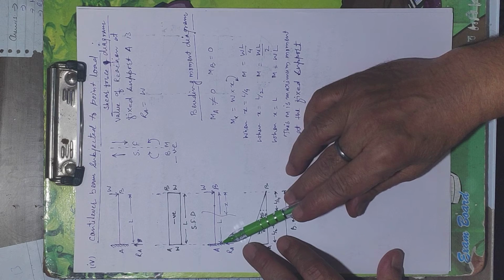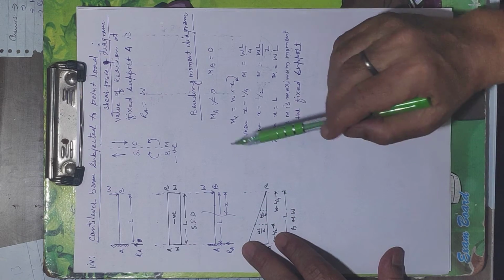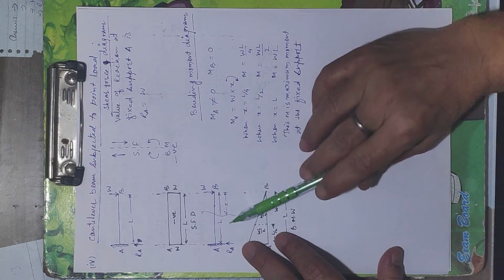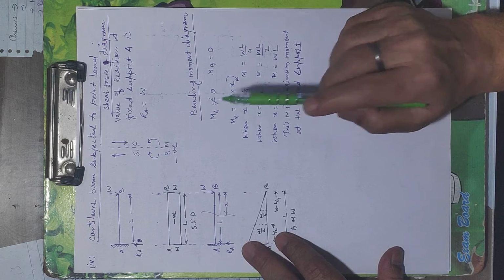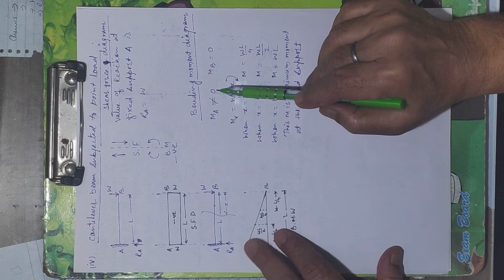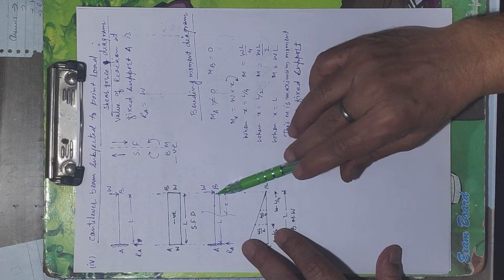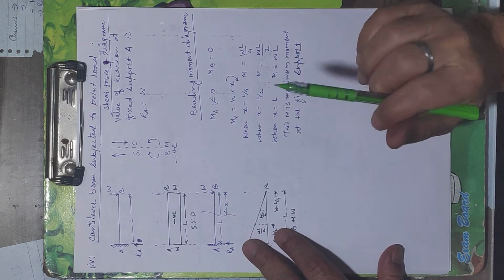This is the fixed support, and we have already understood that the moment at A, the moment at a fixed support, would never be equal to 0. It always has a certain value if the load is supported by the beam.